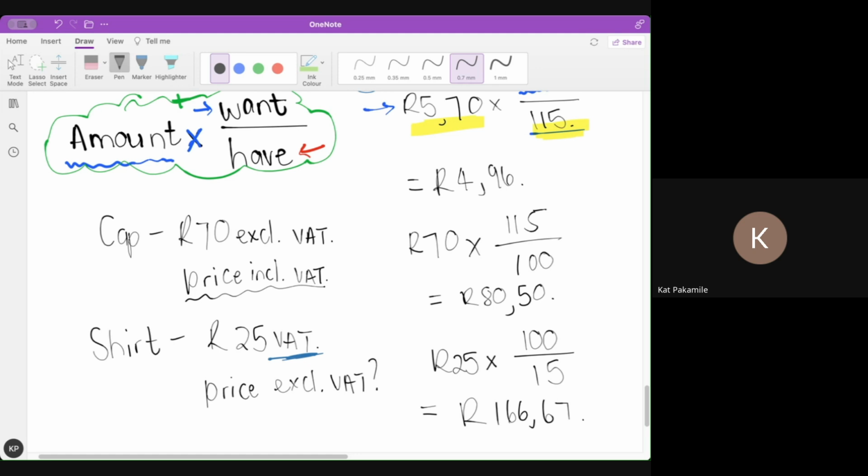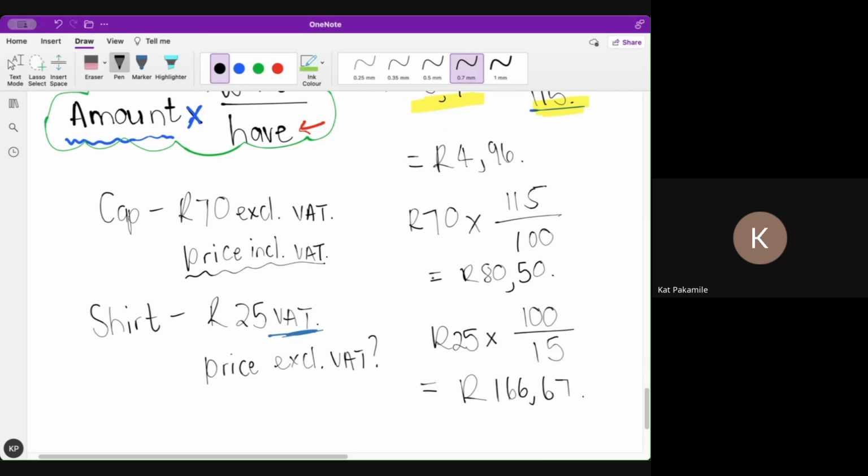You can actually do this with any percentage question. Le Achille, where did I lose you? Okay, Ziva gave me an answer, but Le Achille, where, my darling? You need to stop me as soon as I lose you, otherwise I'm losing you even further. Let me answer Ziva first while you type for me, okay?